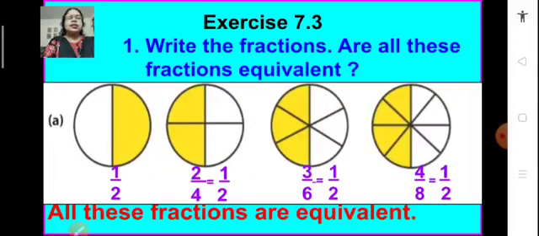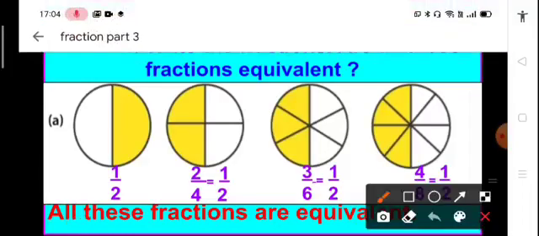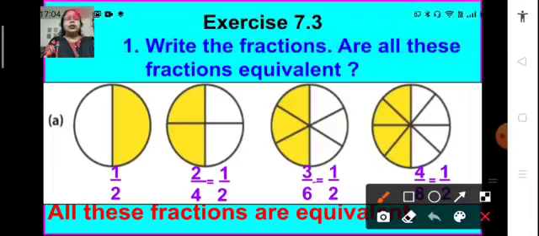Based on these learnings, let's start solving the problems of exercise 7.3. Here we have a pictorial representation of fractions. We have to write the fractions for them and decide whether all the fractions are equivalent. In the first figure, the whole is divided into two equal parts and one part is shaded.